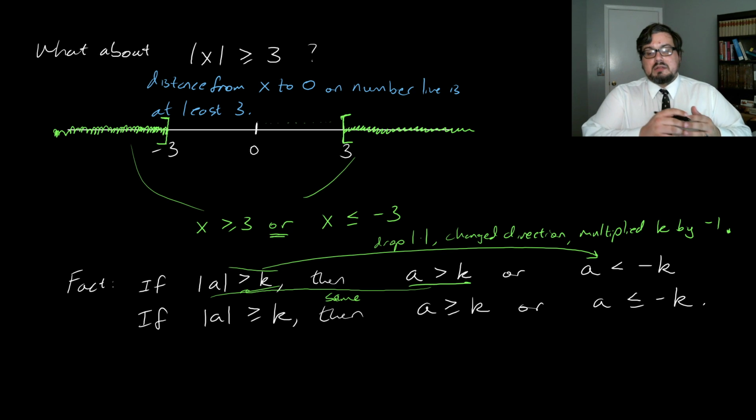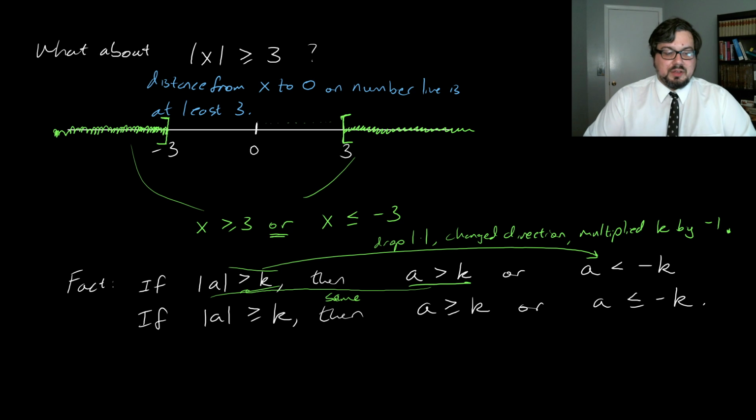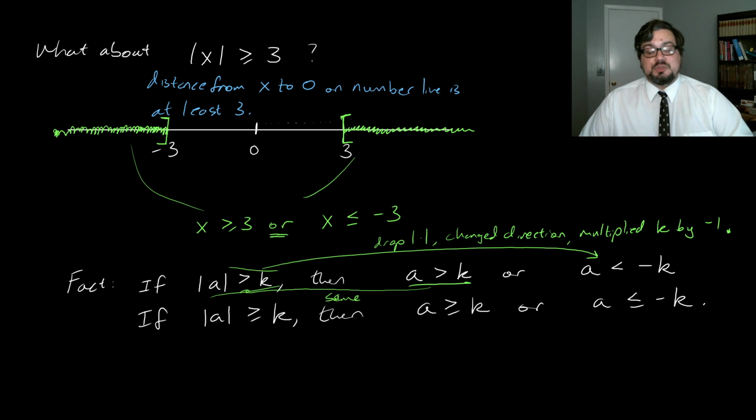If you write down your two inequalities and in your second one you forget to change the direction of the inequality, that's going to mess things up. If you forget to multiply your k, your value on the other side of the inequality, by a negative, that's going to mess you up also. So we have these two ways of translating a greater than or equal to inequality into a collection of ordinary inequalities.